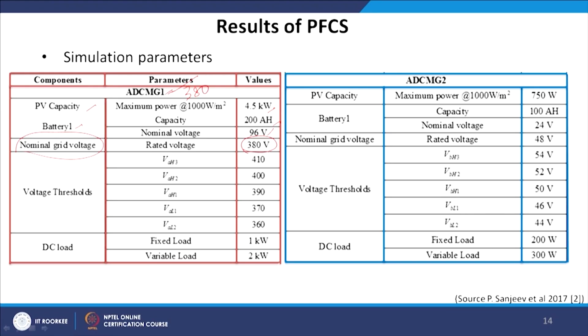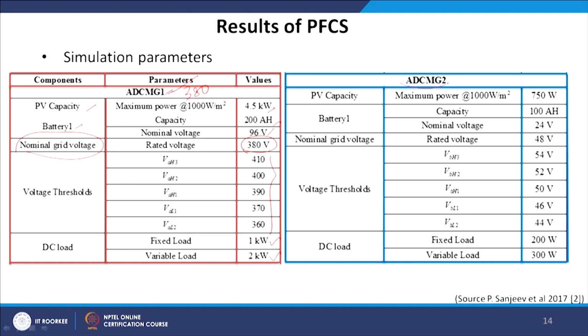Voltage thresholds have been assumed, and the fixed load is 1 kilowatt which cannot be varied, and we have a variable load of 2 kilowatt. So, 1 kilowatt of fixed load and 2 kilowatt of variable load.